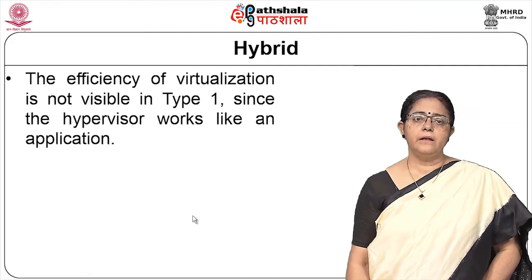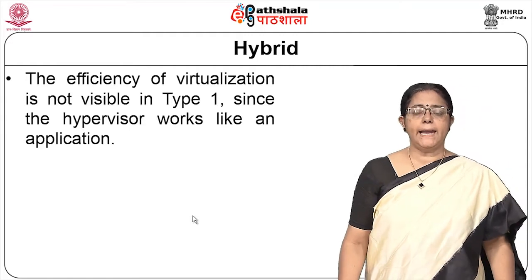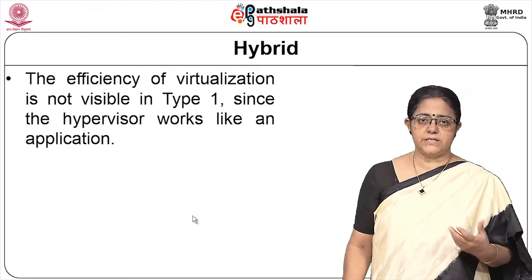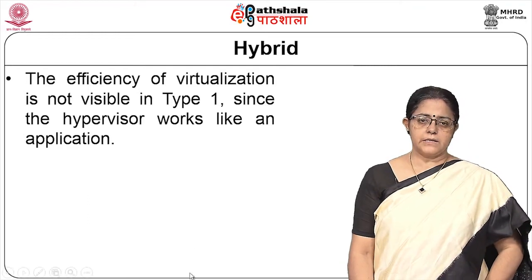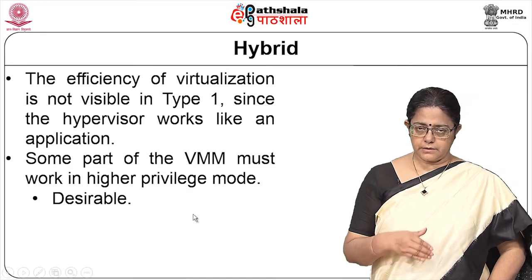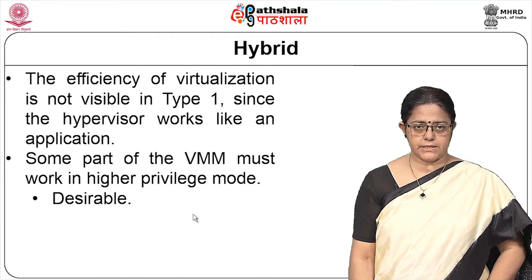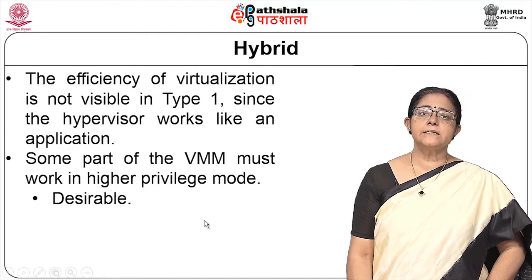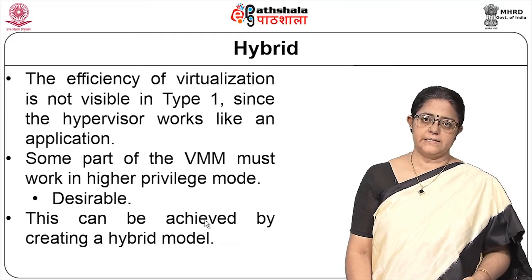Instead of having type 1 or type 2, we can have a hybrid. Type 1 is not easy to implement, and type 2 cannot take advantage of having a virtualization layer properly. So, what is desirable is that the VMM should run at the highest privilege level.